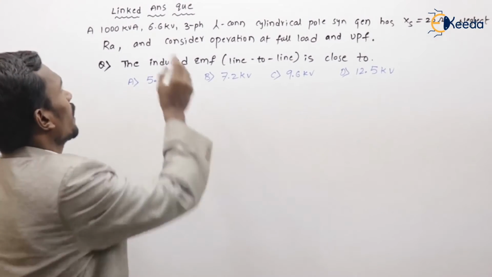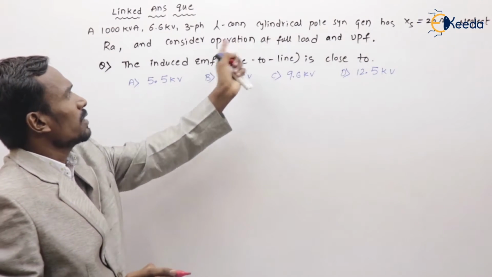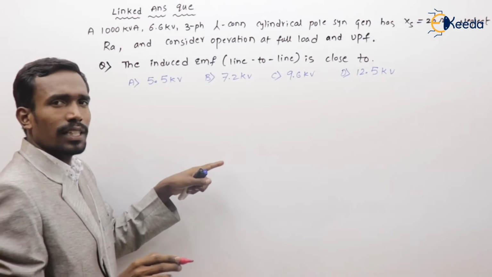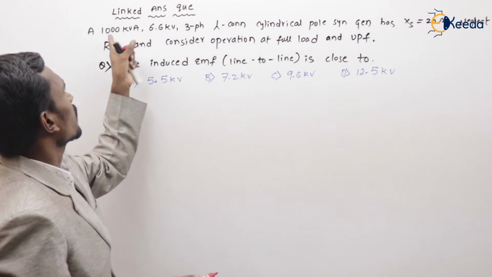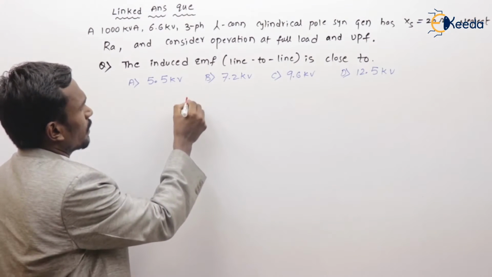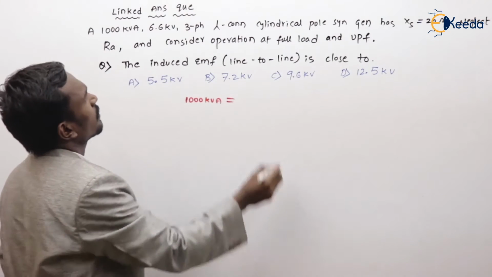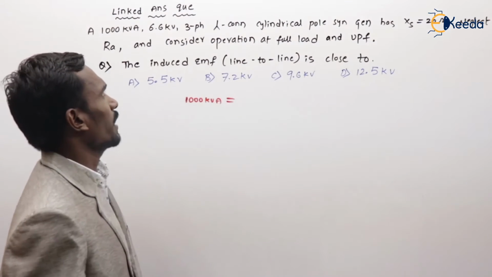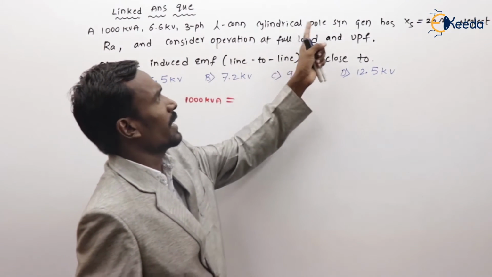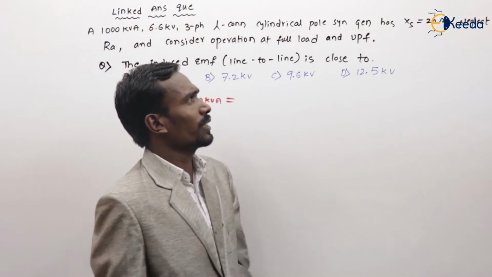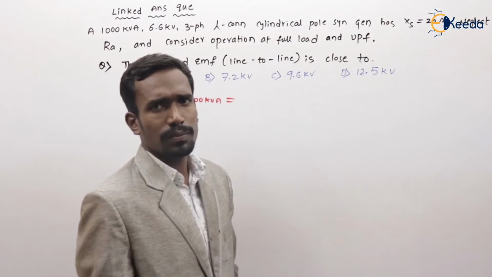Next question, a linked answer question. They have given the data, and there is a first question and a second question also. Yes, see: 1000 kVA, 6.6 kV, three-phase star connected cylindrical pole synchronous generator, Xs 20 ohms.